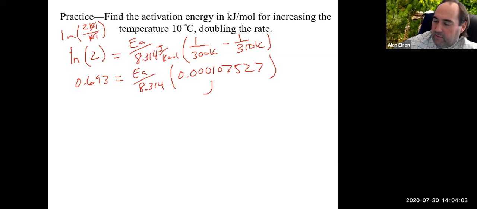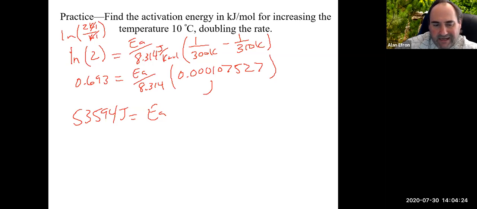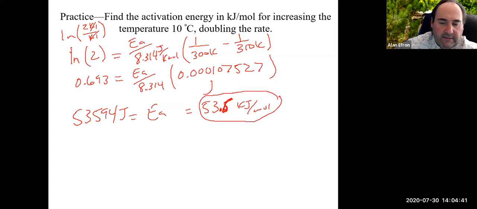And if we do that, we will end up with an E of A that is equal to, again, this is going to be in joules because of R. And if we clean it up, we're going to get something like 53.6 kilojoules per mole. Also, again, a positive number here, as we would expect for our activation energy.